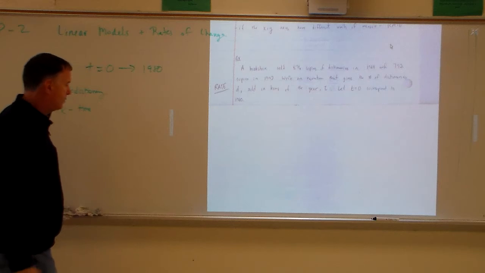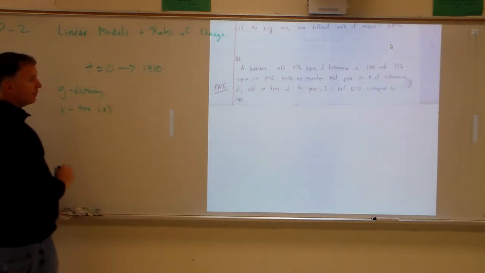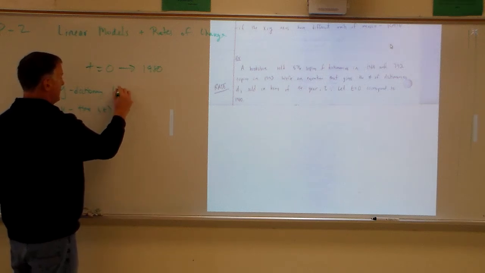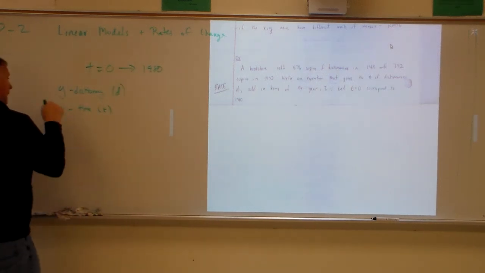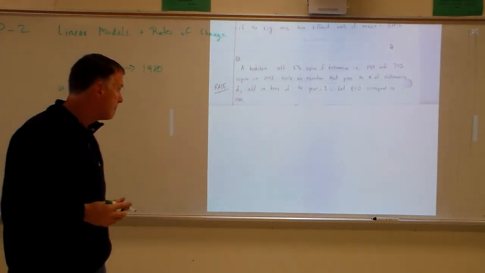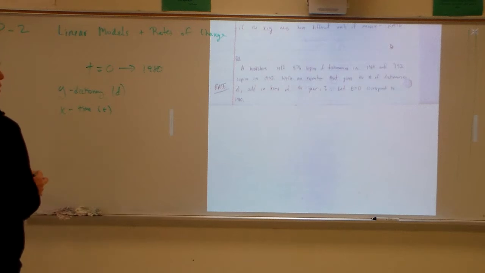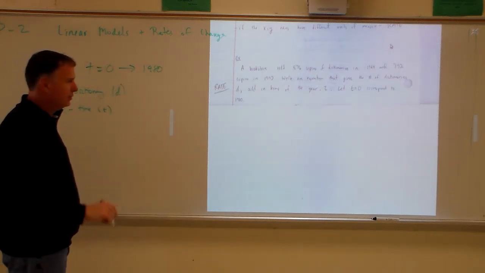They wanted us to use different letters, so the time is going to be t, and the dictionaries are going to be d. So d is what we normally think of as y, and the time is t, which we normally think of as x. But t equals 0 stands for 1980, so we got to factor that in too.